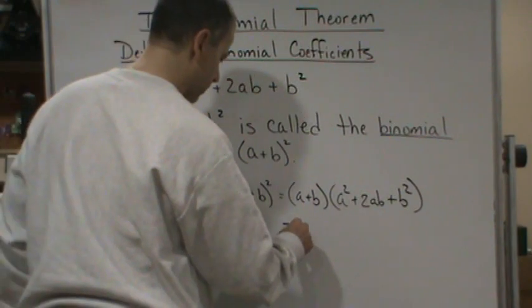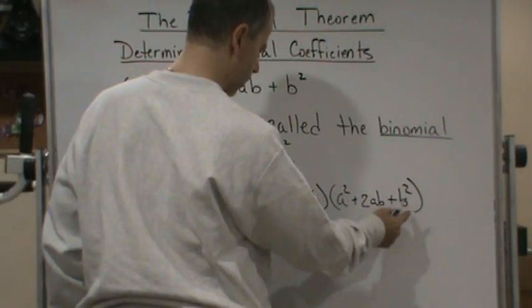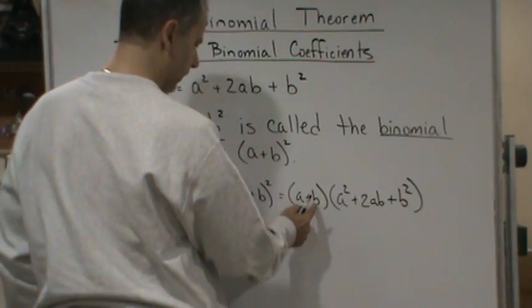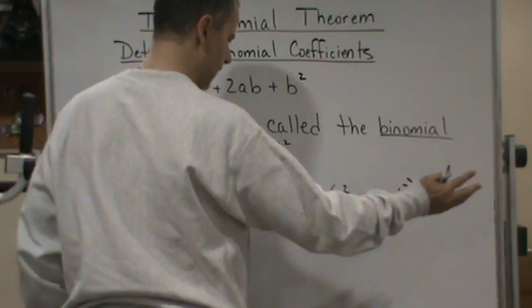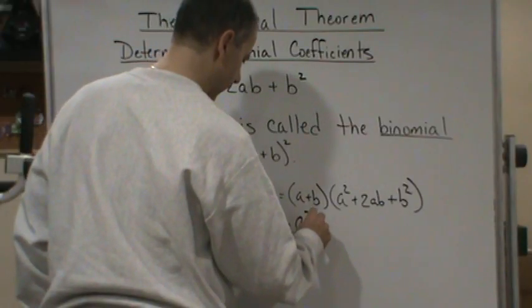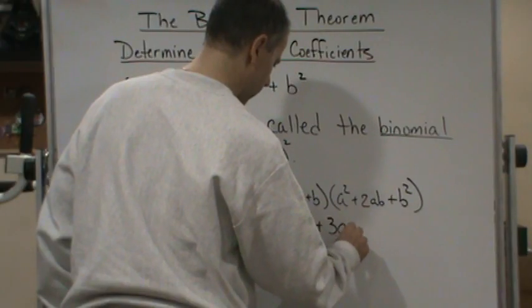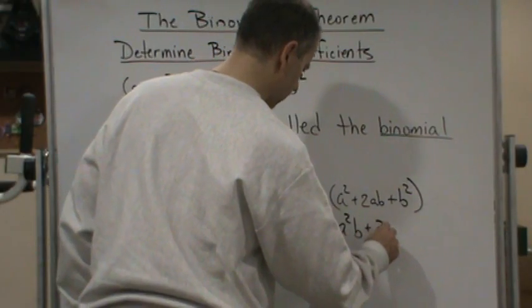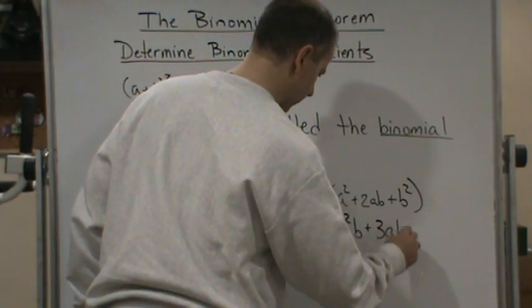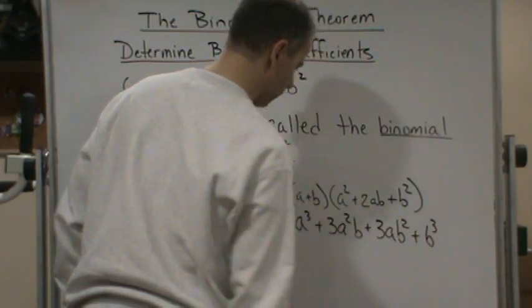And then we could use the distributive property again by distributing the a to each of the terms, and then distributing the b to each of the terms, and then adding up all the like terms, and we would get a^3 + 3a^2b + 3ab^2 + b^3.